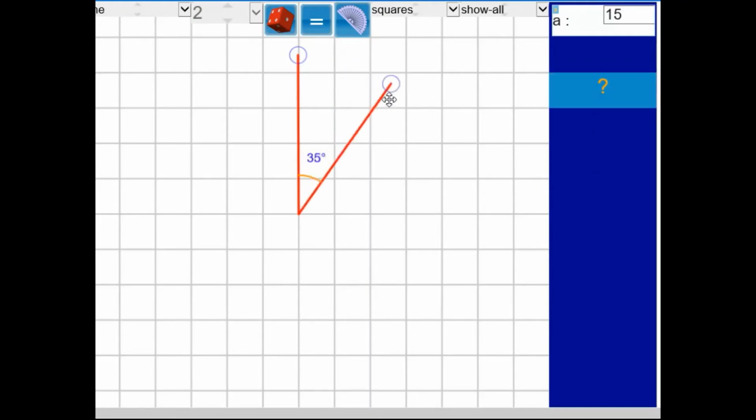And what about this one here? 90 degrees is a right angle. That's right, because it's exactly 90 degrees. It's a perfect corner. So let's just recap very quickly those types of angles.